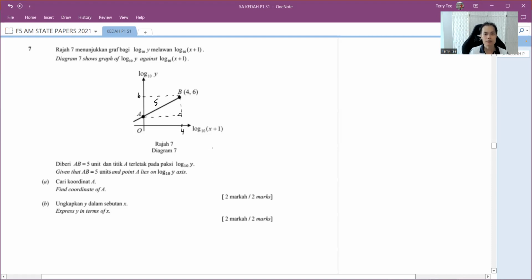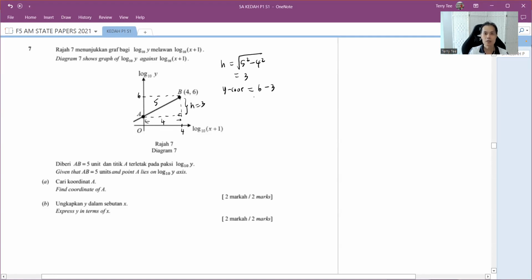Now, how do you find coordinate point A? I know if B is 4 here, that means this length from here to here is 4. Now, your height here we can find. Up to you, you can call it h. Your height is the square root of 5 squared minus 4 squared. This will give us 3. To find coordinate point A, the y coordinate of point A, we start from 6 and go down by 3.